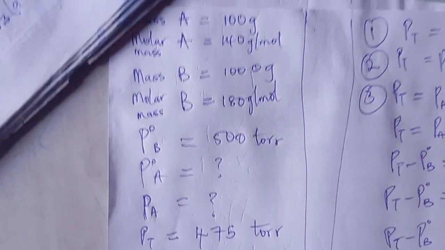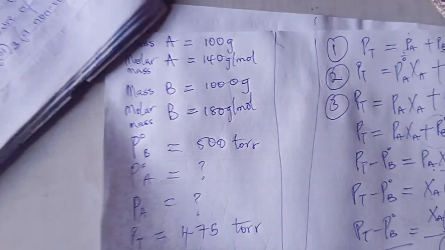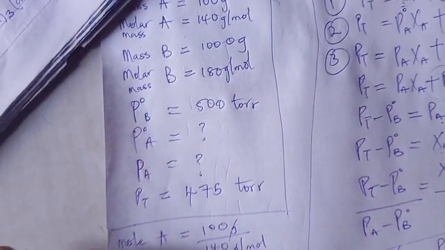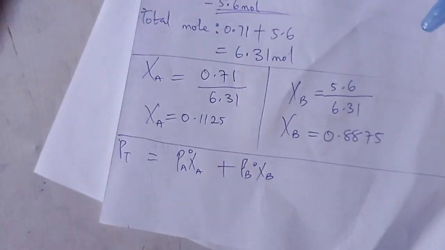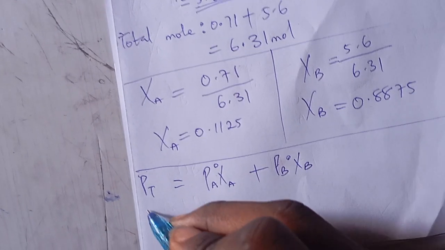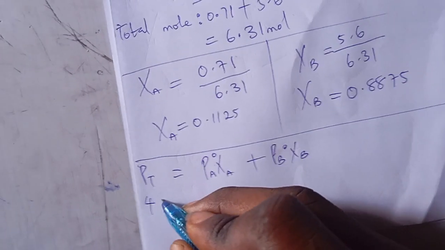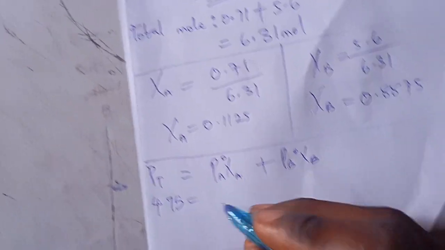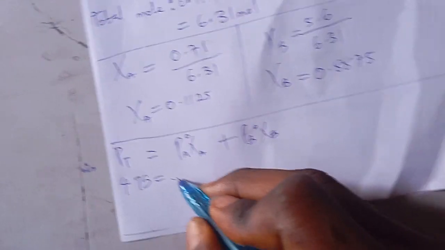So you can use your book, write it out, so you can be following us as we are progressing. I'm given PT to be 475. Then PA naught, I don't know it.